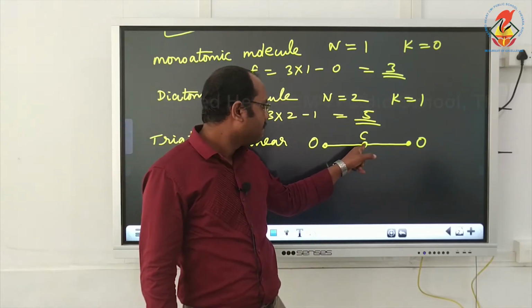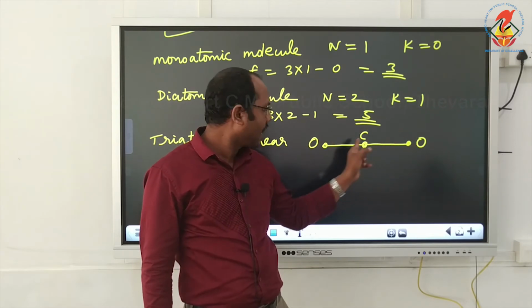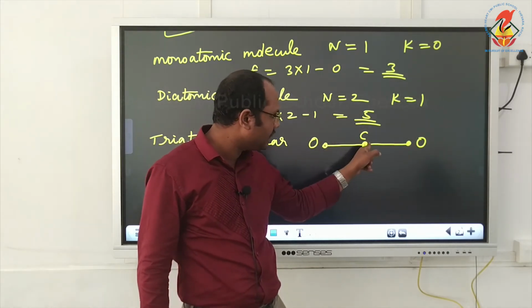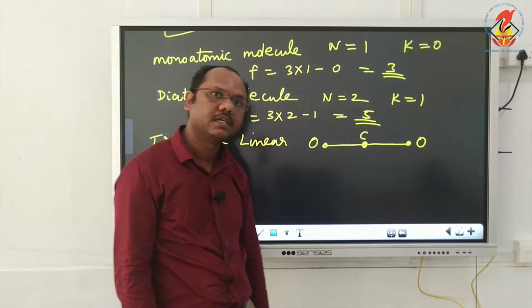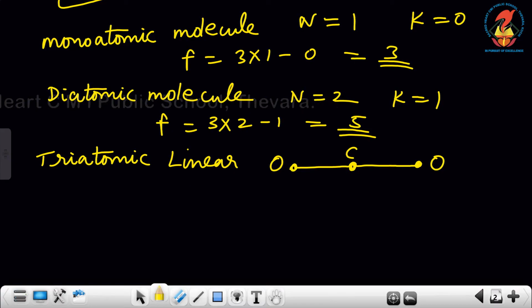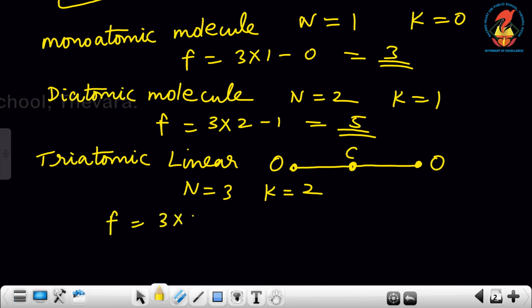You see, there are 3 atoms, and this is 1 interconnection, this is another interconnection. So there are 2 interconnections between them. So n is equal to 3 and k is equal to 2. So F is equal to 3 into 3 minus 2. 3 into 3 is 9, 9 minus 2 is 7. So it has 7 degrees of freedom.